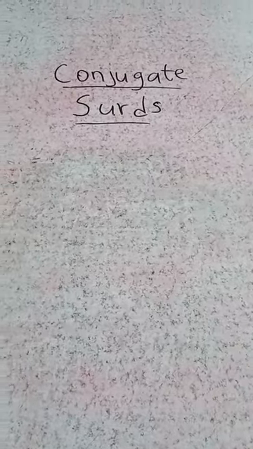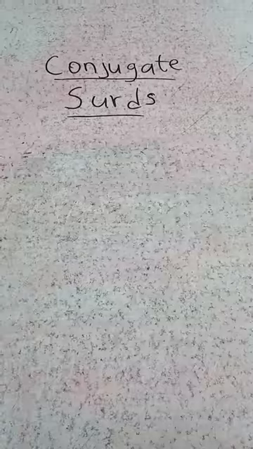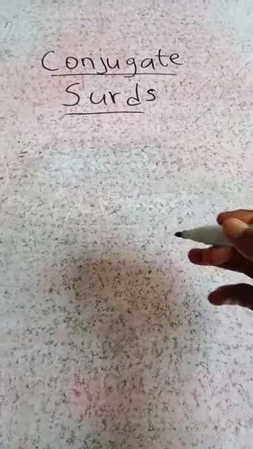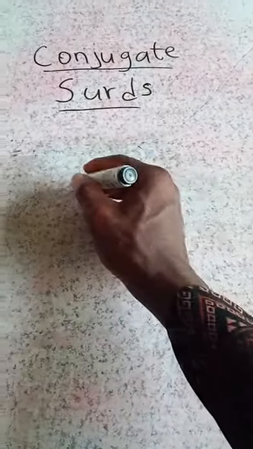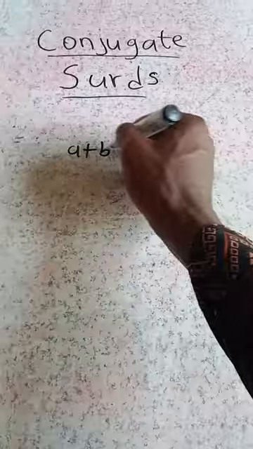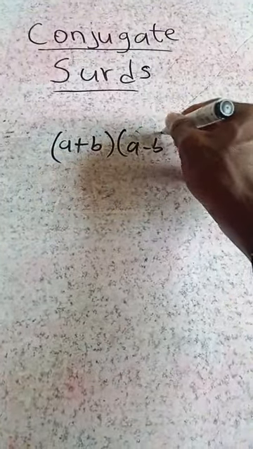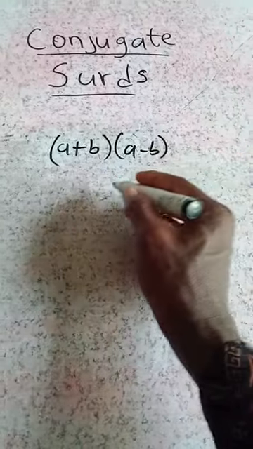Conjugate surds are surds that are expressed as difference of two squares. Do you know what difference of two squares is? In mathematics, we say (a plus b) multiplied by (a minus b) is the difference of what?